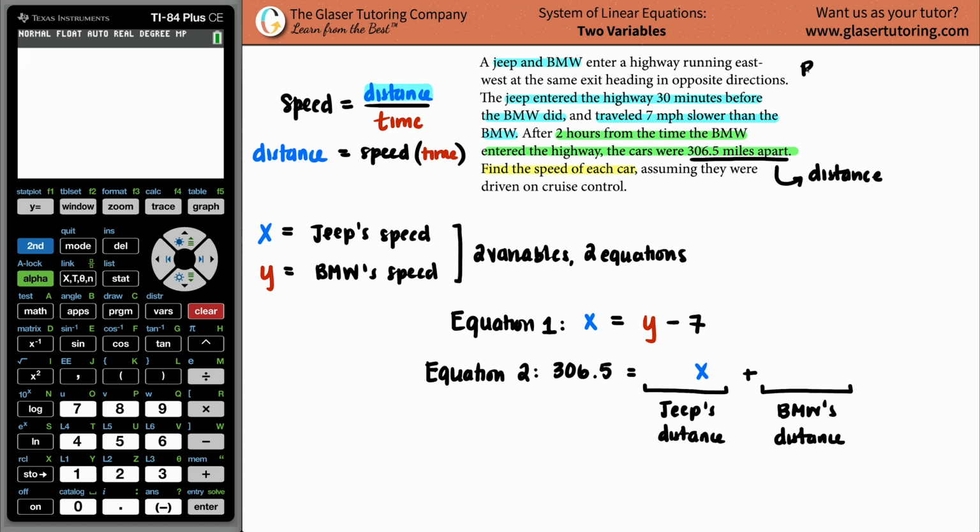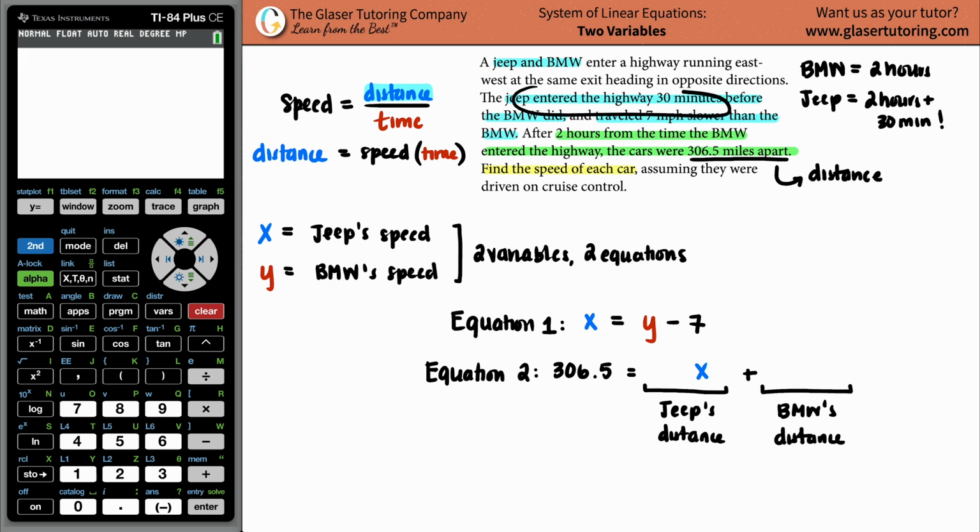So if the BMW is on the road for 2 hours, that means that the Jeep has been on the road for how long? Yeah, 2 hours and 30 minutes.